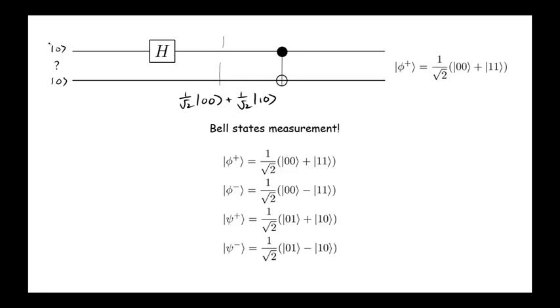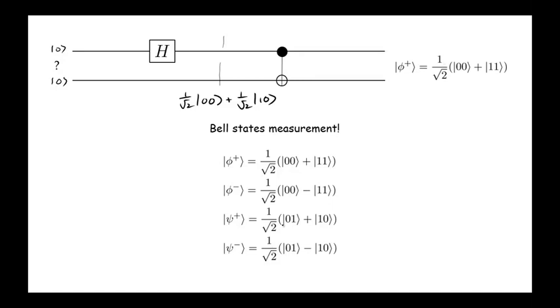Okay, so here's the picture you should have. If you start with the state 0, 0, you apply this circuit to it, it entangles the qubits and creates this Bell state. If you start from 1, 0, it entangles it and creates this other Bell state, phi minus. And similarly for 0, 1, 1, 1, it creates these two states.